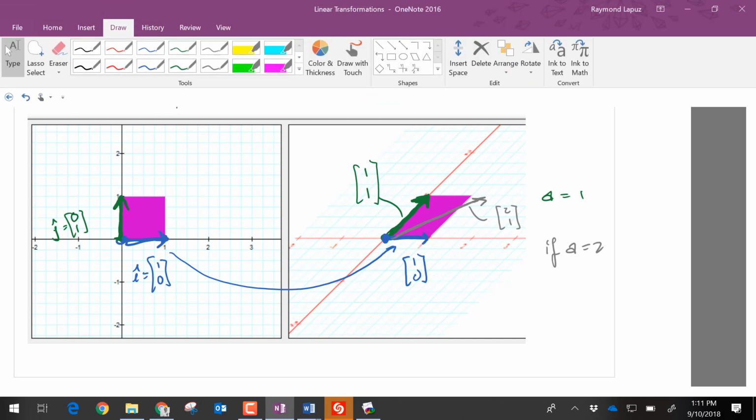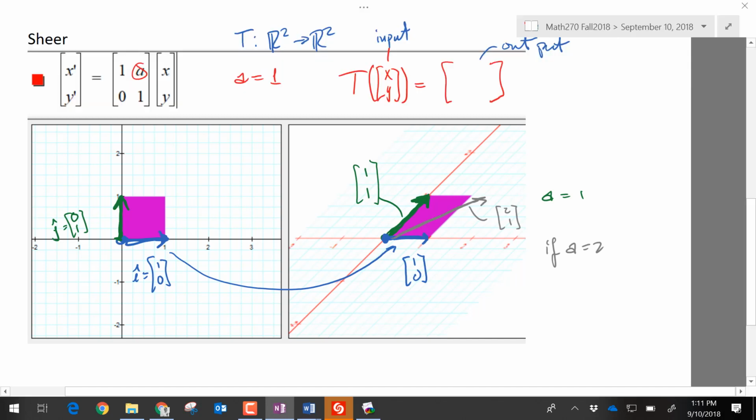What I'm trying to do here is complete this definition for this particular transformation.